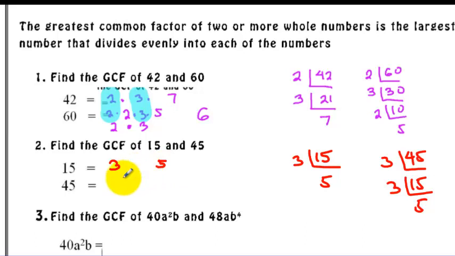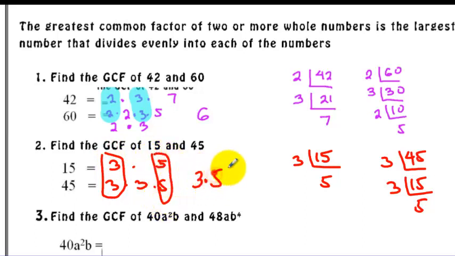So the prime factorization is 3 times 3 times 5. What prime factors do the numbers have in common? We have 3 and 5. Multiply these two numbers and it will give us the GCF. So 15 is the largest number that goes into 15 and 45. So the GCF is 15.